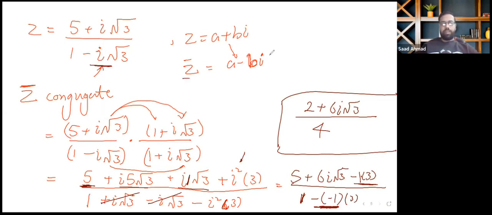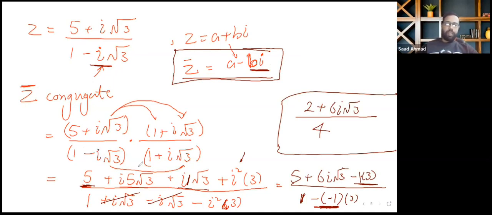This is the z conjugate. If we have a complex number z and we want to find its conjugate, we change the sign of the imaginary part, right? So I had 1 minus I square root 3. So I multiplied it with 1 plus I square root 3, flipping the sign, with its conjugate.